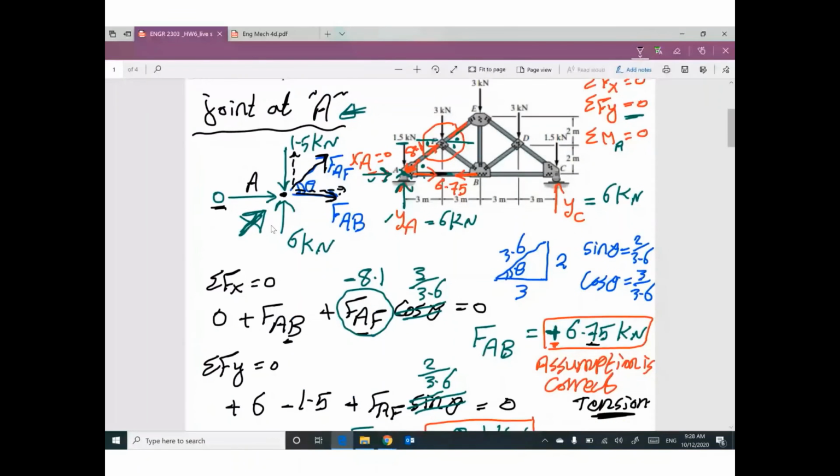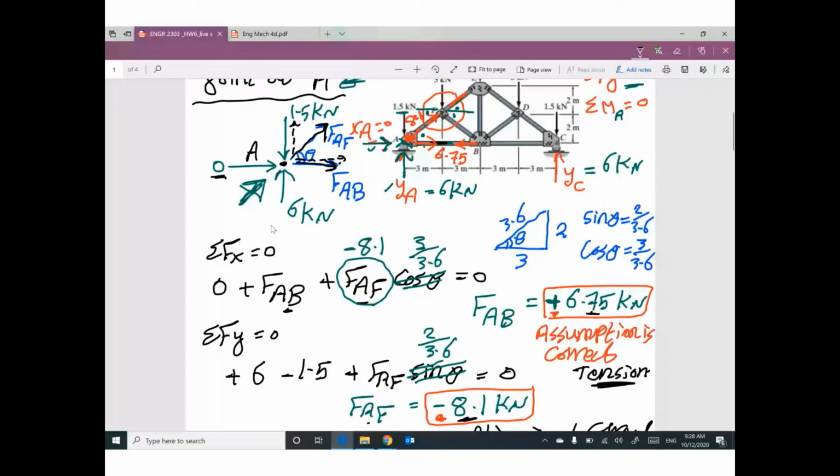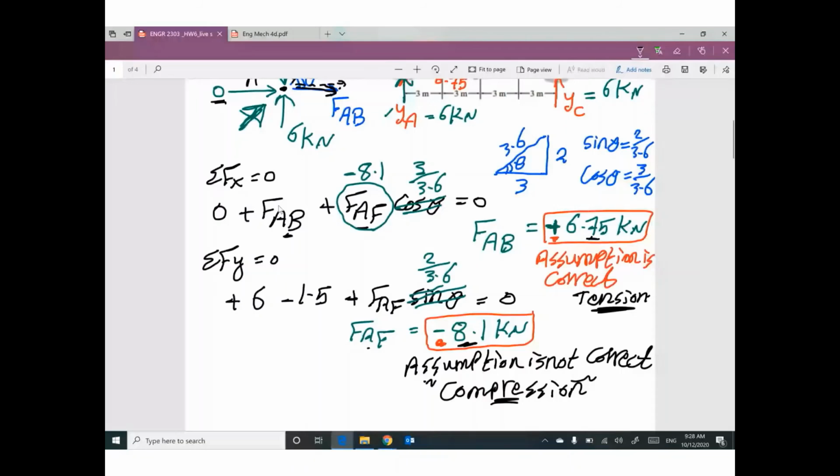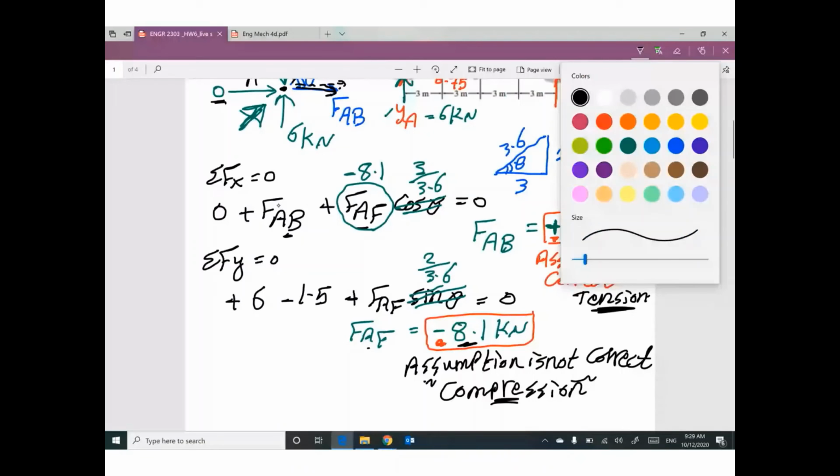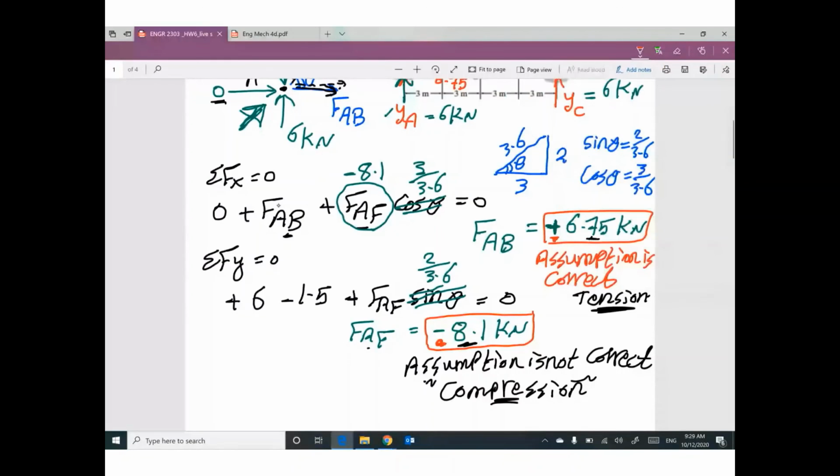I have a question, and I know this is confusing a little bit. When I get FAF negative 8.1 kilonewton, negative, I didn't change anything. I go back to this equation. Remember, I didn't change anything. I will go back to this equation and put the value of FAF negative.